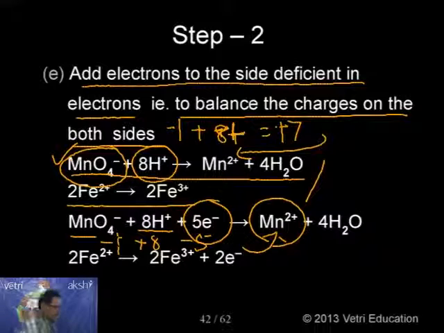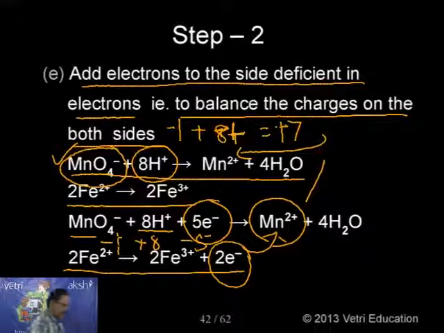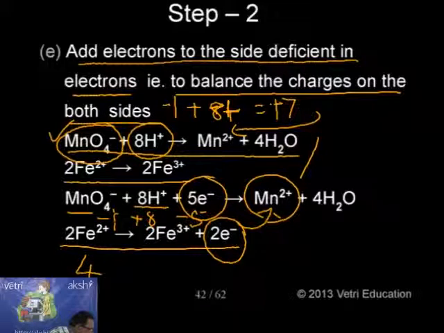Now coming to the second part, that is, the reducing agent. 2Fe2 plus arrow 2Fe3 plus. So I am adding 2 electrons on the right hand side because in this case, 2 into 2 plus is plus 4 on the left side. On the right side, 2 into 3 plus is 6 plus. The left side plus 4, right side plus 6.